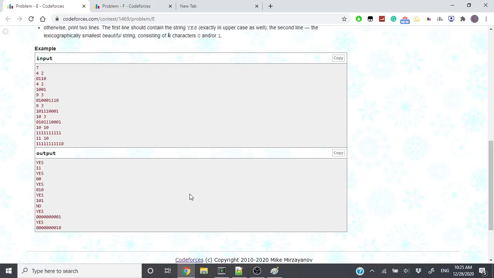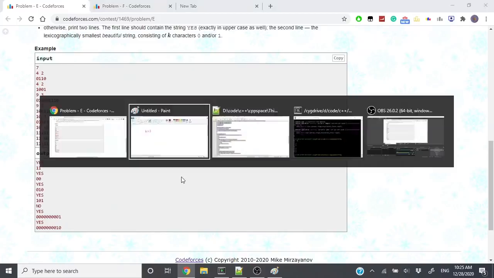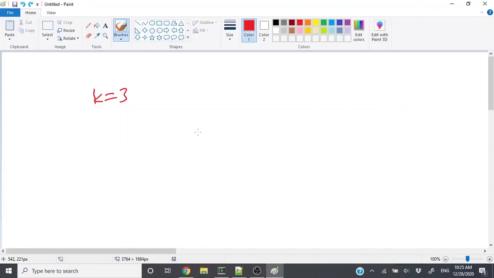Something else that could be interesting: because it's binary, consider the string 0, 1, 0, for example. Basically, consider the exact complement of the string.